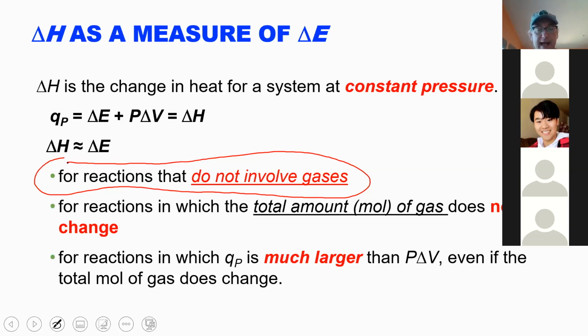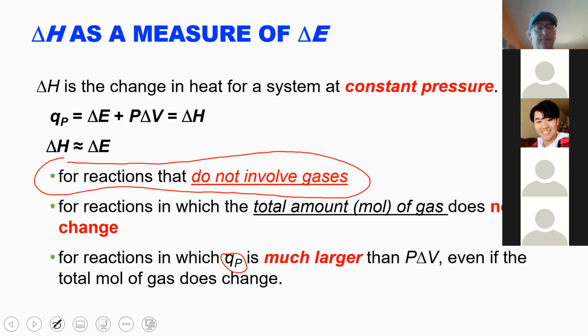And for reactions where Q is much, much larger than the change in pressure, even if the moles of gas change somewhat, if the heat involved is much, much higher, like by a factor of 100 or 1,000, then we just say, close enough.